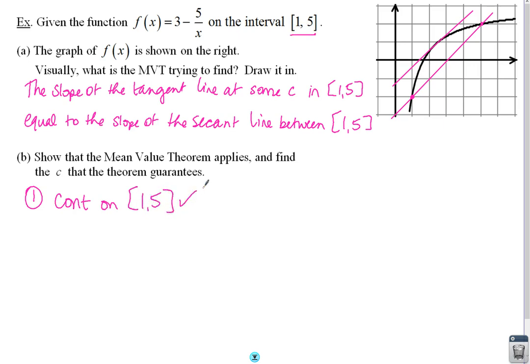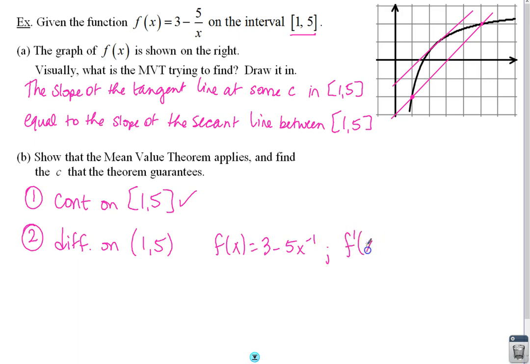Okay, so the first step is always make sure your function is continuous on the closed interval a to b. And is it differentiable on the open interval from a to b? Well, let's check. If f of x was equal to, I'm going to go ahead and just write this as 3 minus 5x to the negative 1, f prime of x is equal to 5x to the negative 2, bringing the negative 1 up front.